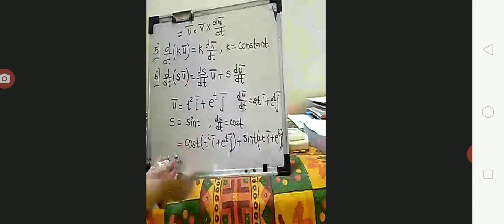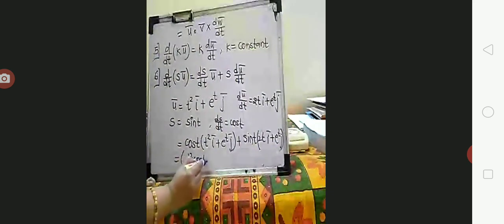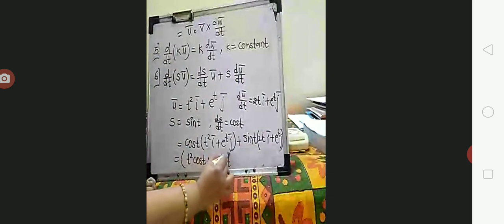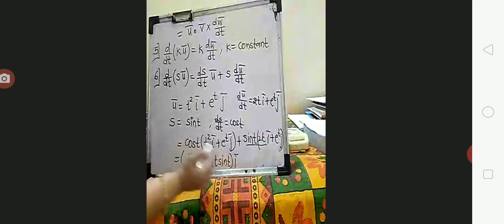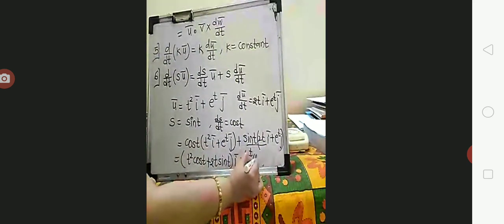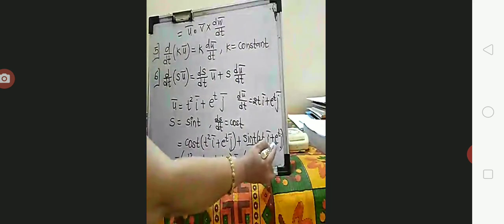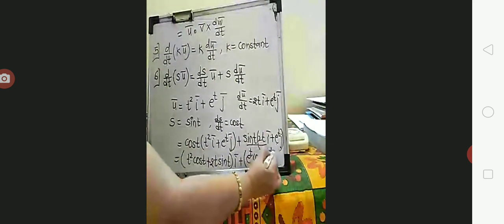Now take component wise addition, what will you get? It is t square cos t plus 2t sin t, correct, times i bar. And what is the coefficient of k bar? It is e raised to t cos t, correct, and here e raised to t sin t.